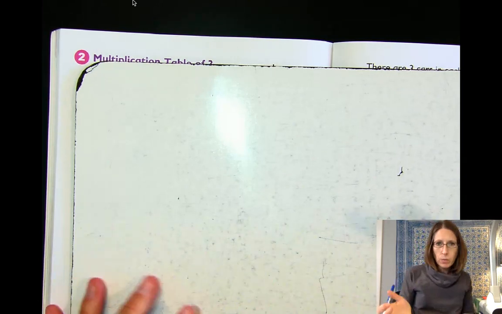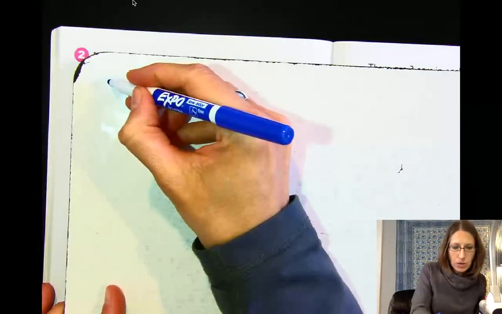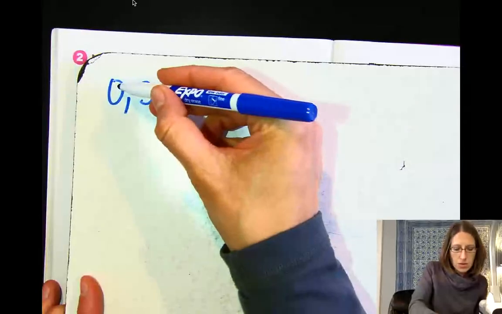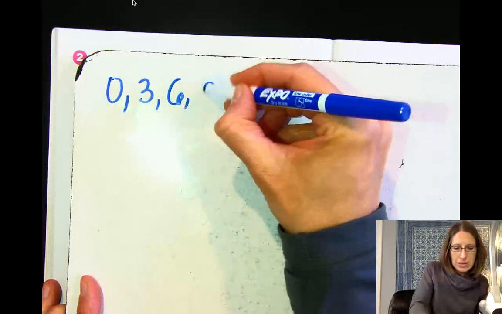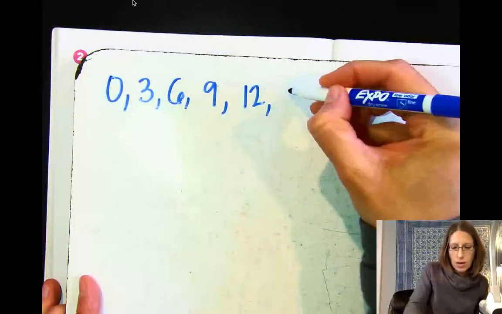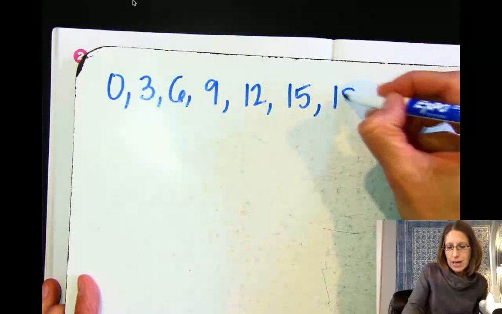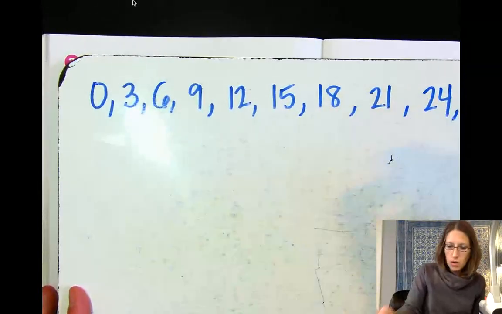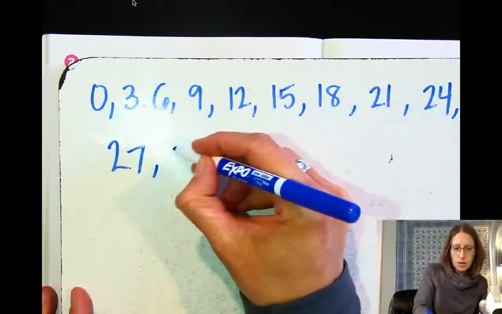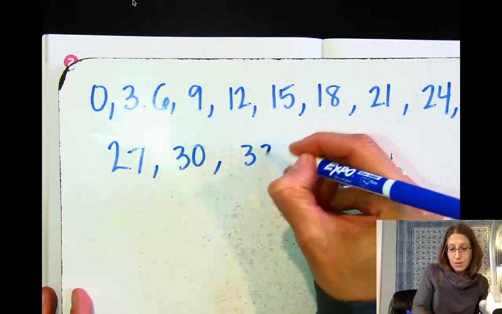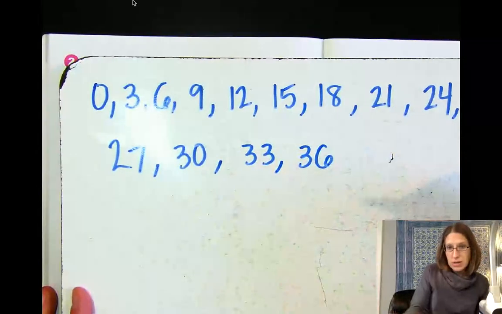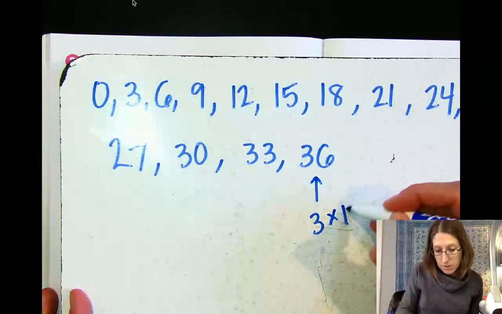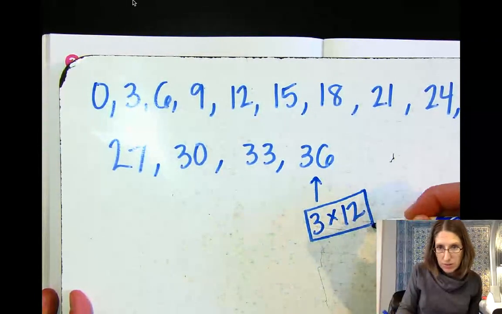So now that we're working on 3's, I would encourage you to write your 3's facts: 0, 3, 6, 9, 12, 15, 18, 21, 24, 27, 30, 33, 36. And we'll stop with 36 because this one is 3 times 12.